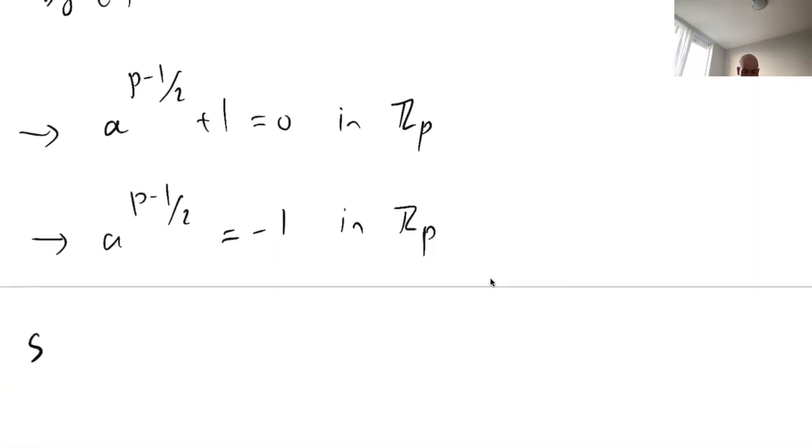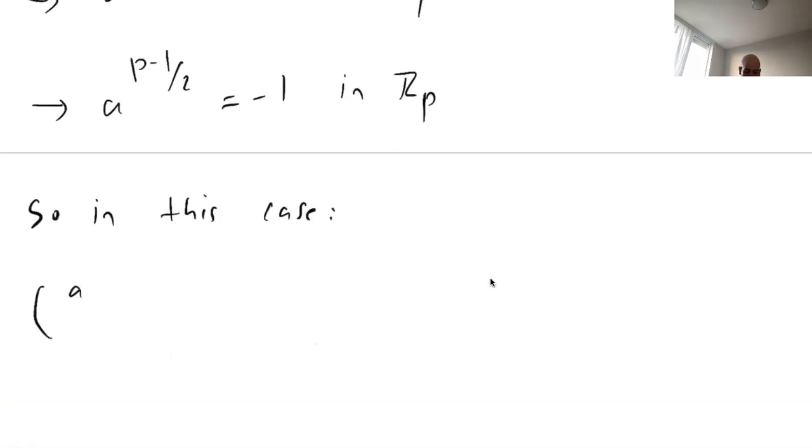So in case 2, the Legendre symbol a over p equals minus 1, because we are assuming that a is a quadratic non-residue, which, as we saw, is the same as a to the power (p minus 1) over 2.